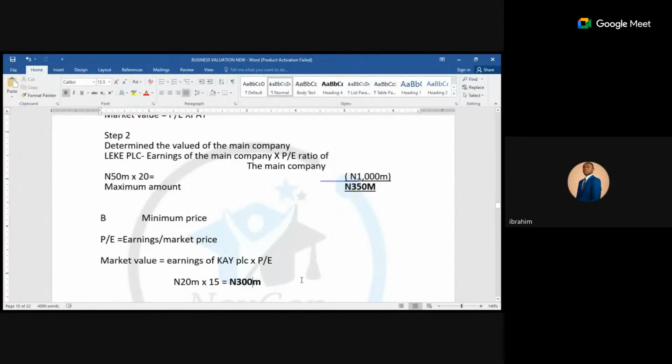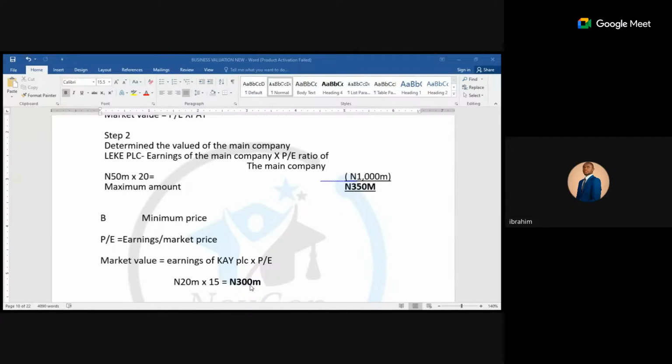They will evaluate it based on PE ratio, and based on PE ratio, the value of the company. You see, the asset base you use, the dividend yield you use is the minimum price. The PE ratio you use, their minimum price.